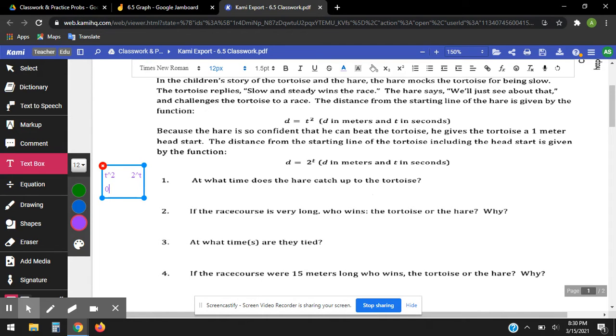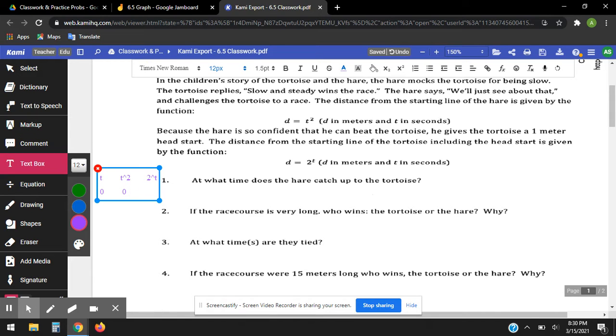Okay, let's space this out. That is t. So when our time is 0, the hare is at 0.